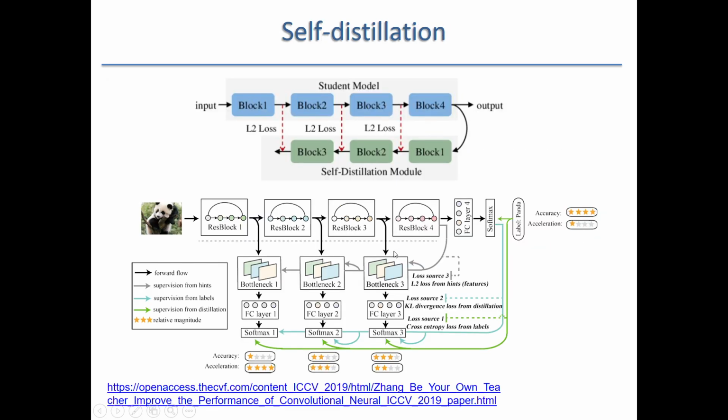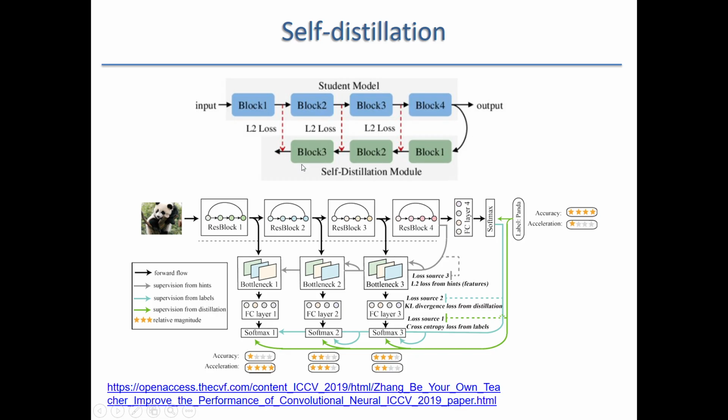Here we have a beautiful example of this self-distillation, where we have some input vectors. These input vectors have to produce an output, and these layers here would be the student model.